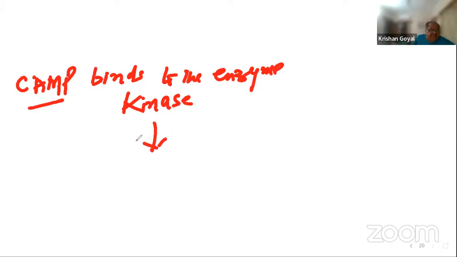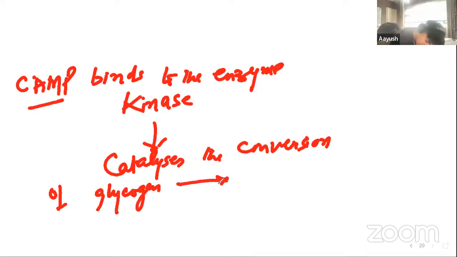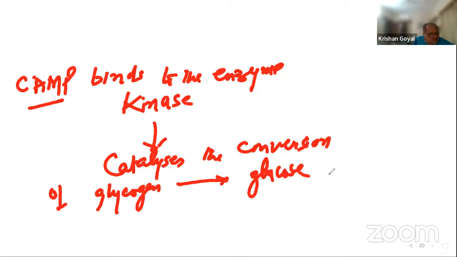What will it do? This active enzyme catalyzes the conversion of glycogen, because food is stored in the form of glycogen, into glucose.